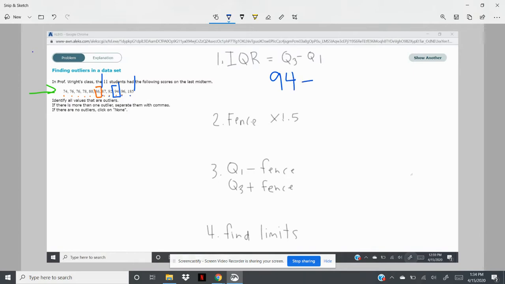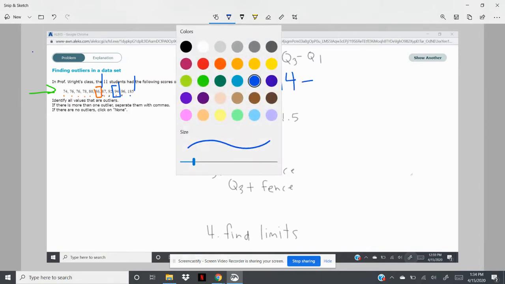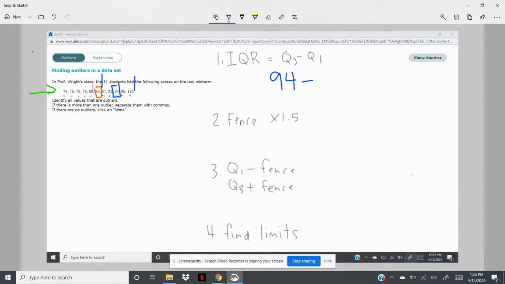And then I'm going to subtract quartile 1 from that. My quartile 1 is from 80 to 74. So I'm going to find the center of this quartile, which would be 76. And 94 minus 76 equals 18.